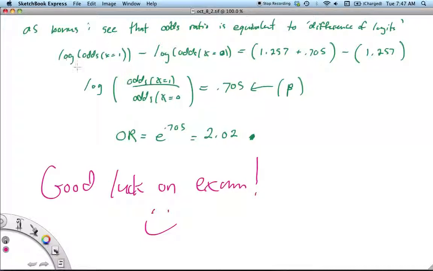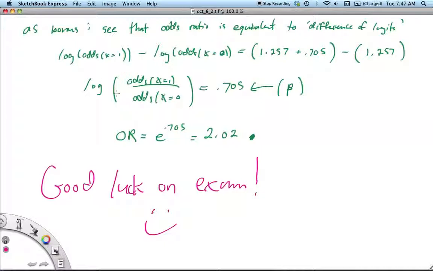So if you take the log odds at x equals 1 and subtract the log odds at x equals 0, well, we know that this equals alpha plus beta x, this equals alpha plus beta x, so we can just subtract the two pieces from the respective sides of the equation. Then cleaning that up a little bit, we know that the log of something minus the log of something else, the same way that a log of something plus something else can be multiplied, you can put these into a division, into a quotient.